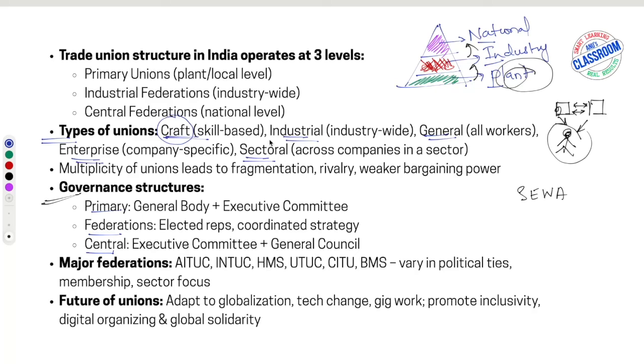Now let us speak about some of the big name industrial and central federations in India, the big names in this area. You would have already heard about them. We have been talking about them for quite a few units now. AITUC. What is AITUC? All India Trade Union Congress.